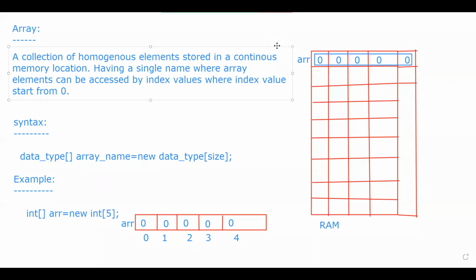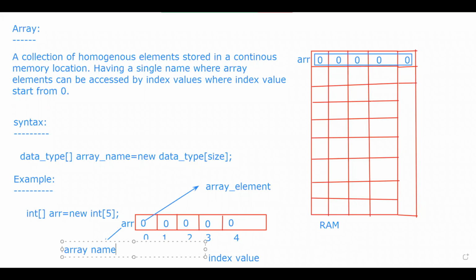Let me label them: this is the array element, this is the index value, and this is the array name.